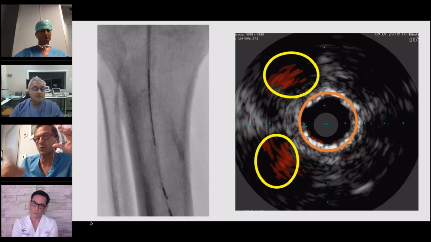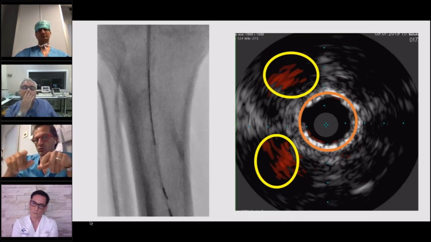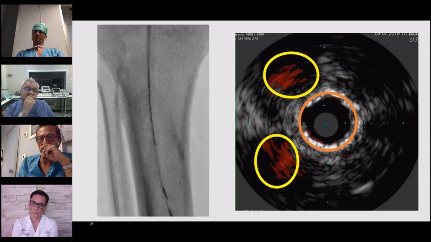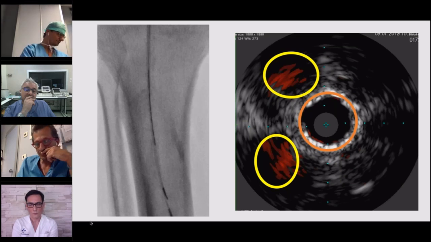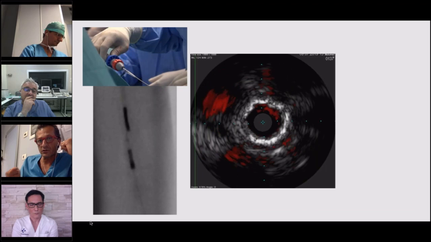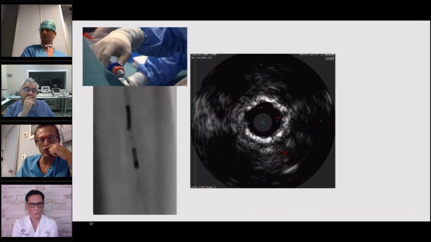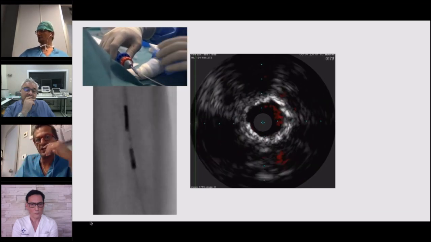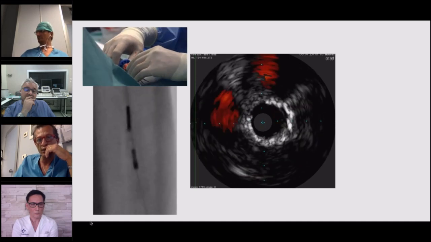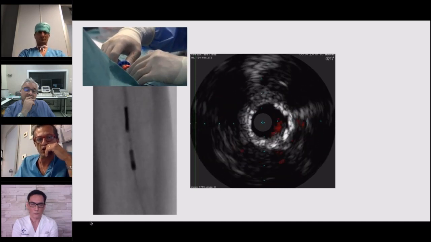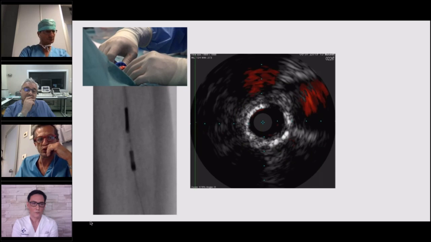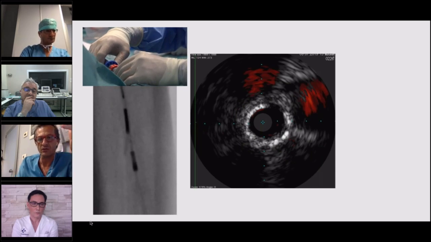In the orange circle, we can see the artery, and close to the artery in the yellow circle, the two satellite veins of this tibial artery. Then, rotating the device a little bit, we choose the best side, the best vein to arterialize. We place this vein at 12 o'clock, and at this moment, we push out the needle from the artery into the vein.